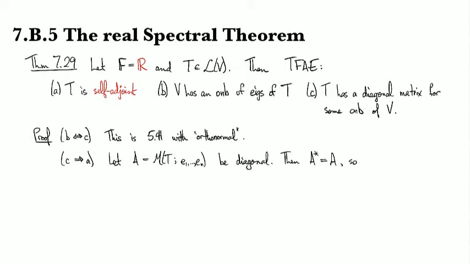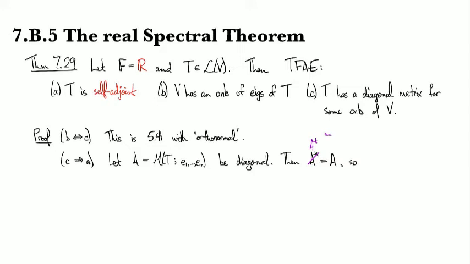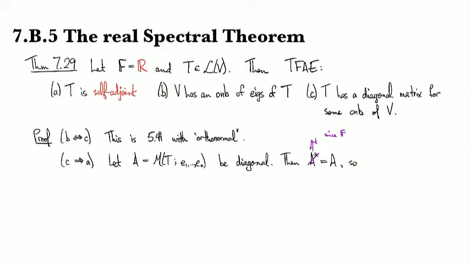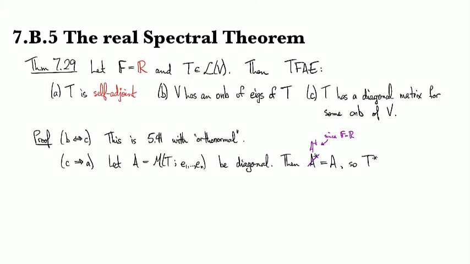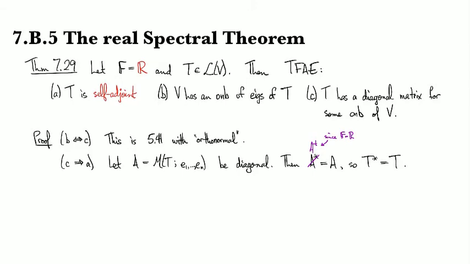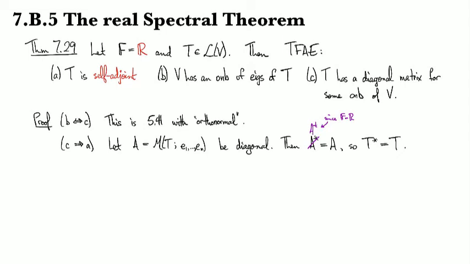So maybe it's enough to say that, and then we have that the adjoint of T is going to be T itself.